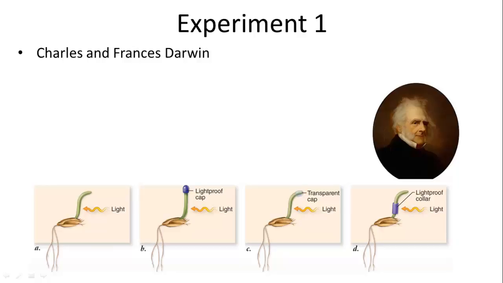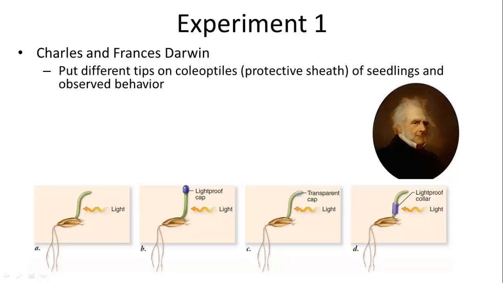So what they did is they have these little plants sprouting, which will eventually grow into more mature plants, but they're called coleoptiles. Okay, so this is a little coleoptile here. And what they observed was that they directed themselves towards light. They would bend towards light.